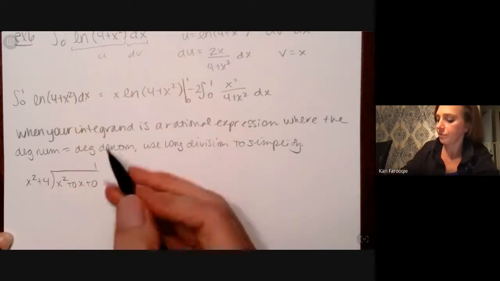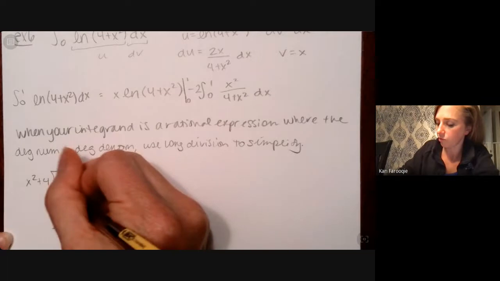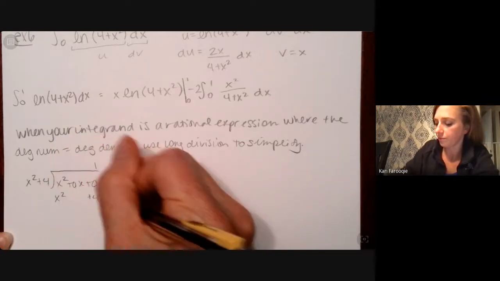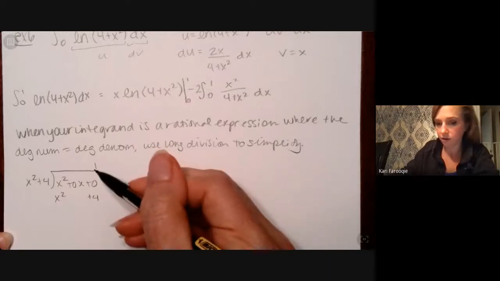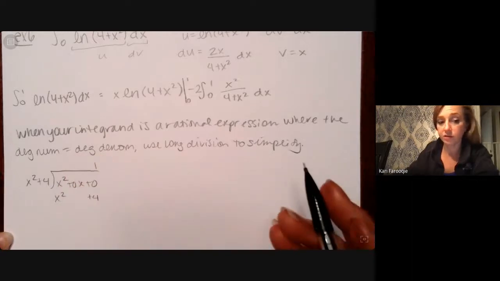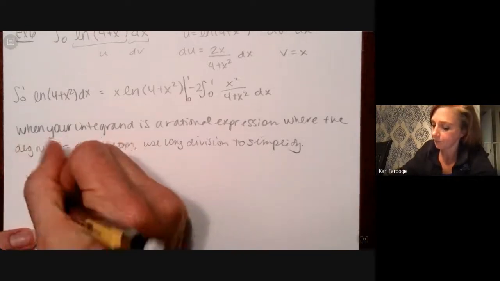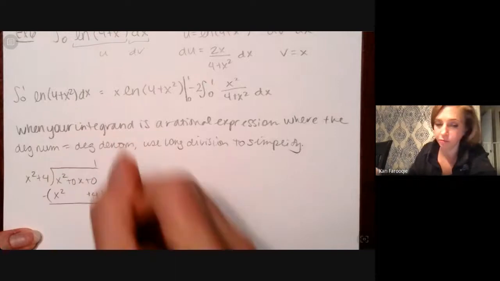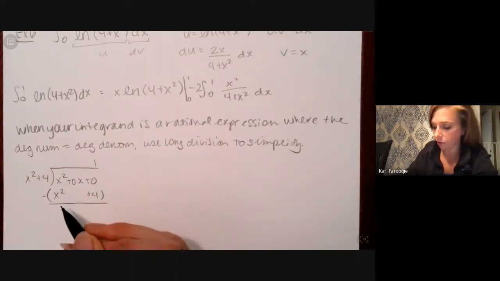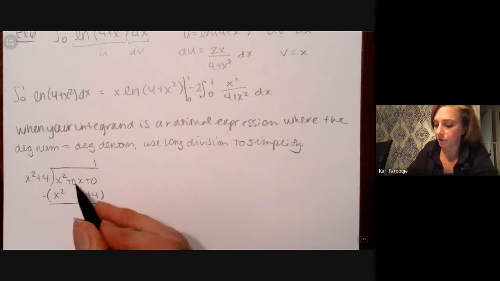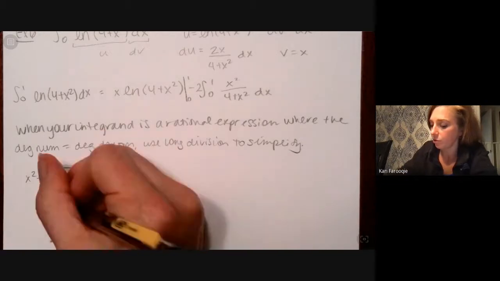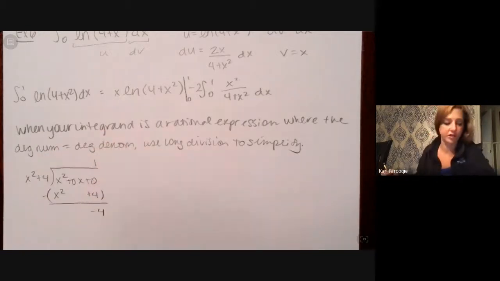You don't have to. 1 times x squared is x squared, and 1 times 4 is 4. So you always take the value you got using division and multiply it by both values in the divisor. And then you subtract. x squared minus x squared is 0 x squareds. Then 0x minus nothing is still 0x, you don't have to write it. And then 0 minus 4 is negative 4.